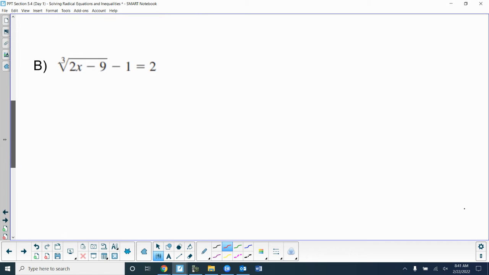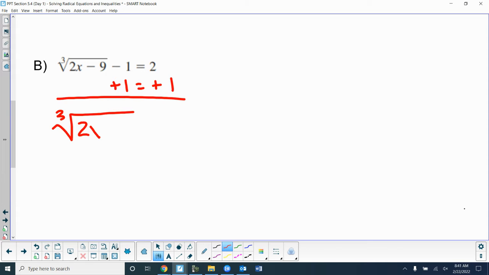Okay, here we got cube root. Is that radical all by itself? No. There's a 1 with it, right? How do I move the 1 over? Add 1. This time we add 1, yes. So now I have the radical part isolated by itself on one side of the equation.